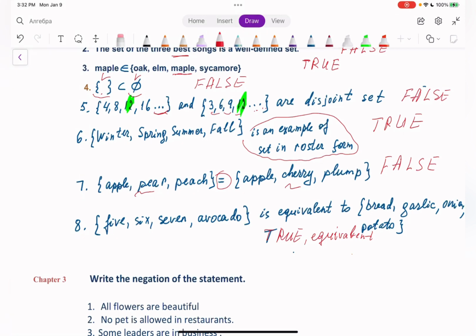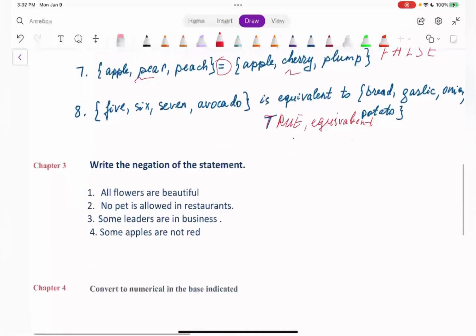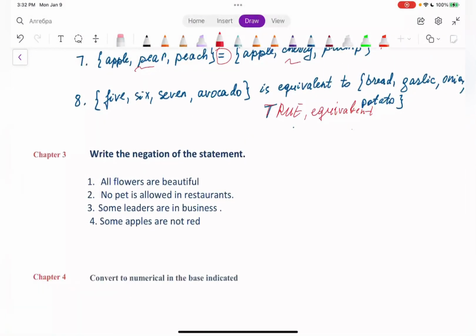All right, moving to chapter 3. Okay, what do we have here? Write the negation of the statement. My first statement is, all flowers are beautiful.